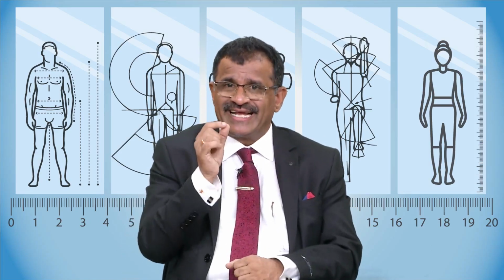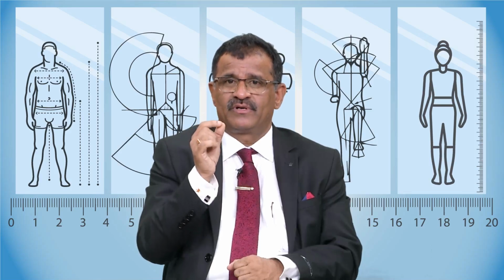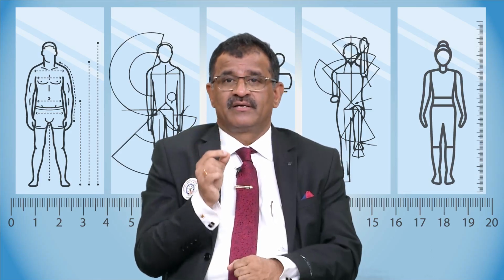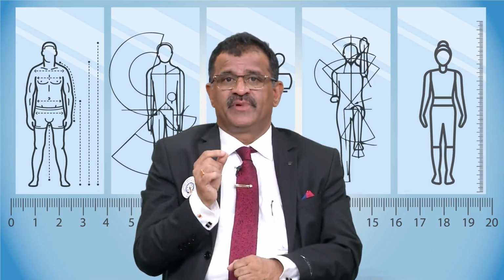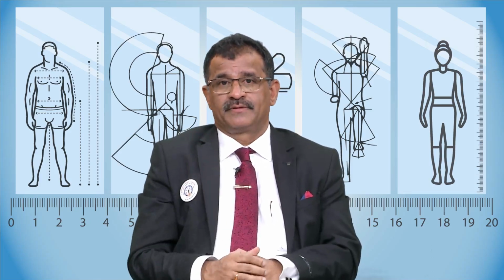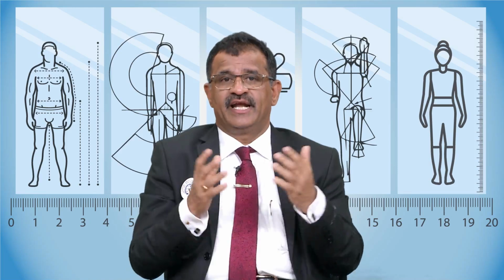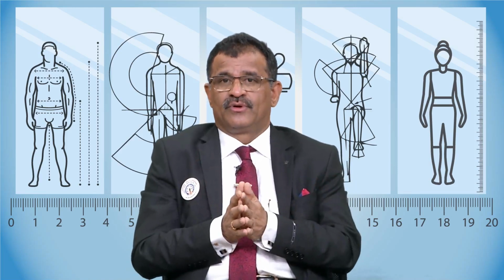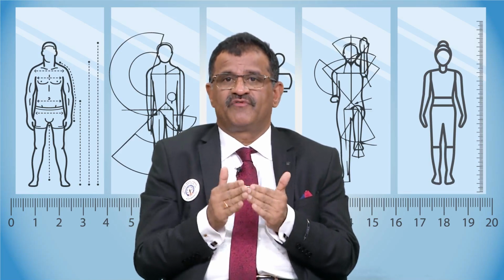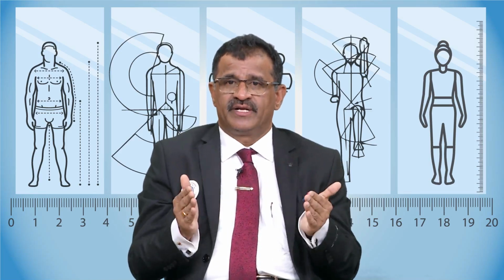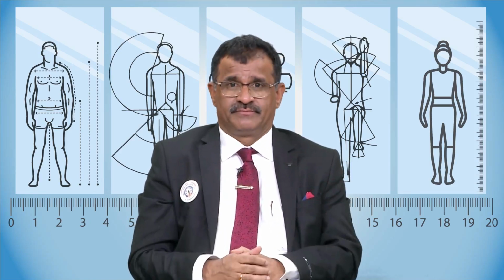FNB is a technical support wing under the Child Development Bureau, and the Child Development Bureau belongs to the Ministry of Women and Child Development of the Government of India.